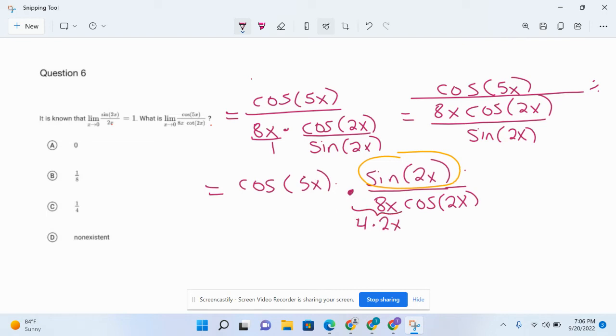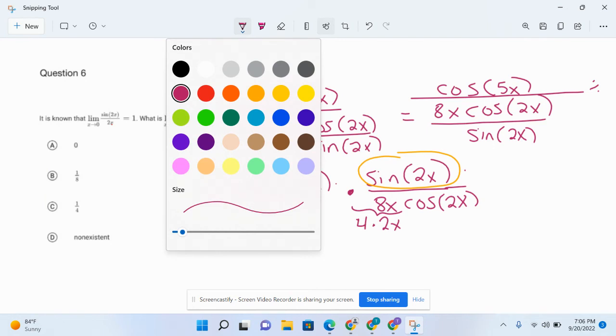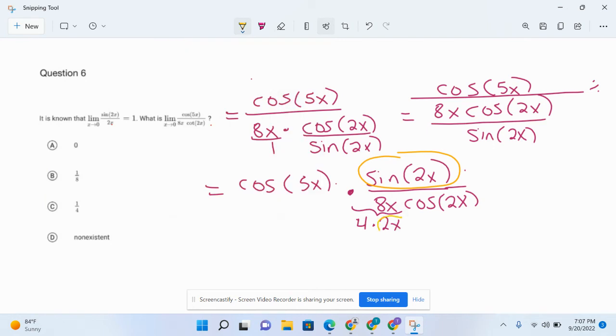And then look what we have: sine of 2x on top, and 2x on the bottom. Now it's a matter of separating all this messy stuff and getting the sine of 2x and 2x together.